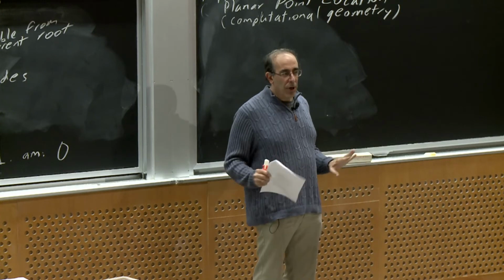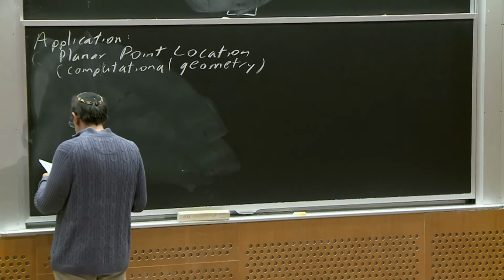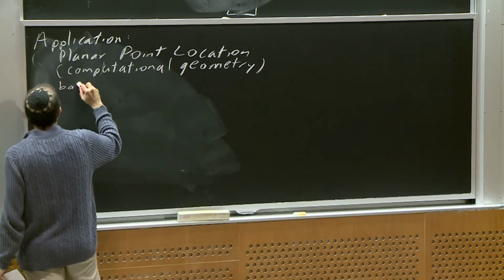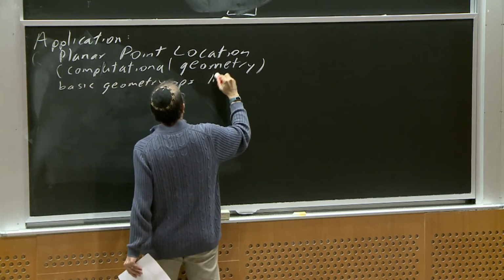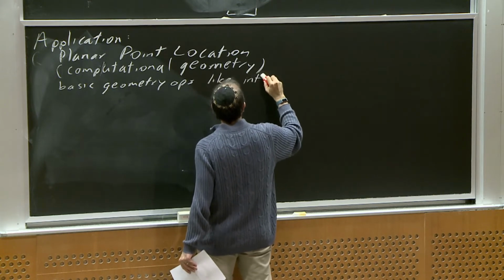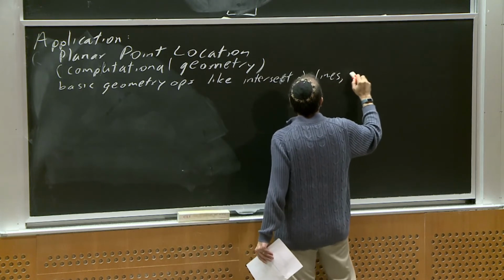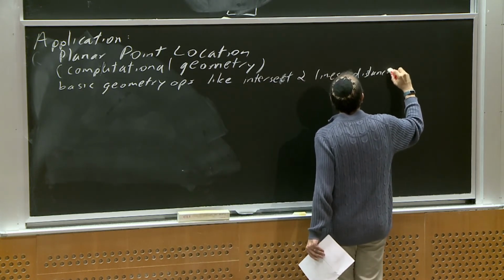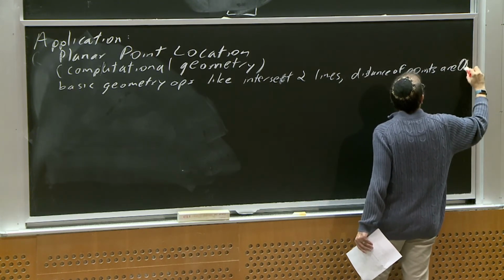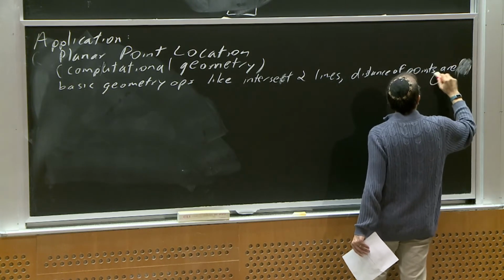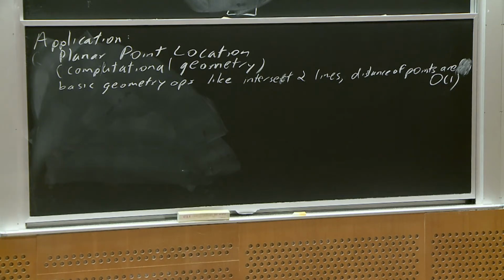We're not going to worry about any of that. So we assume that all of these basic geometry operations, like intersecting two lines or computing the distance of points, are order 1. And we use those to implement more sophisticated operations.